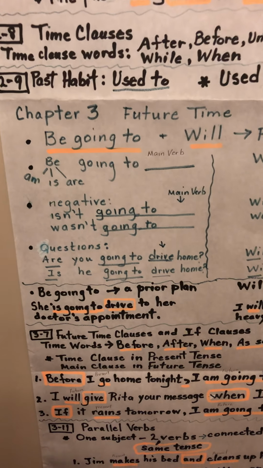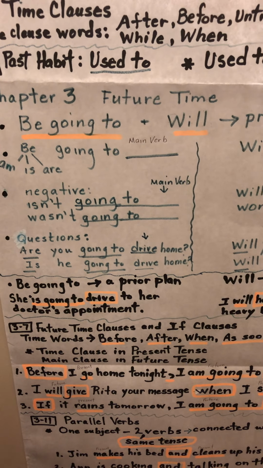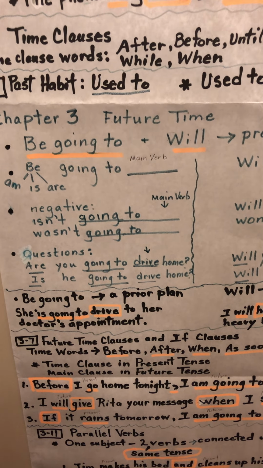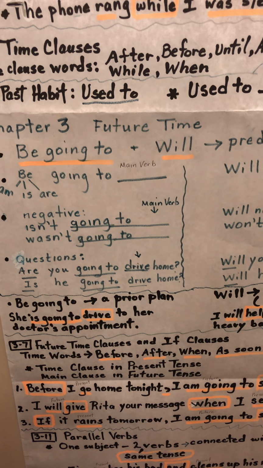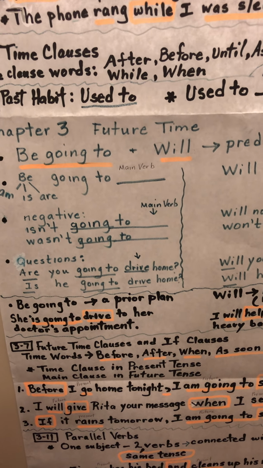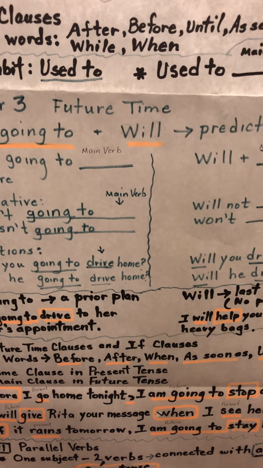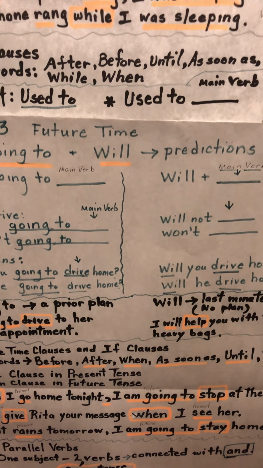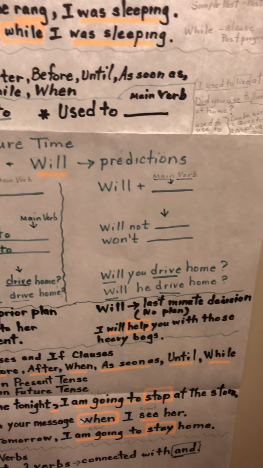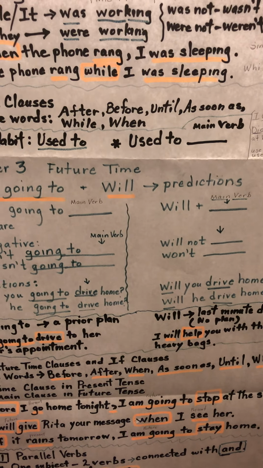We continue with future time clauses and if clauses. And we're going to be using the time words before, after, when, as soon as, until, and while.